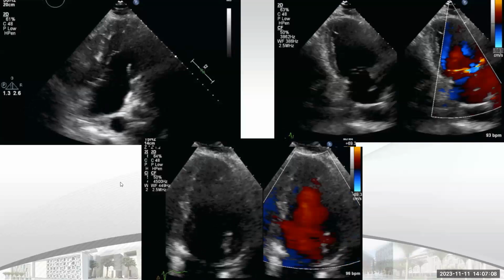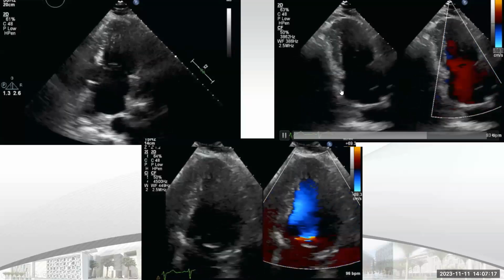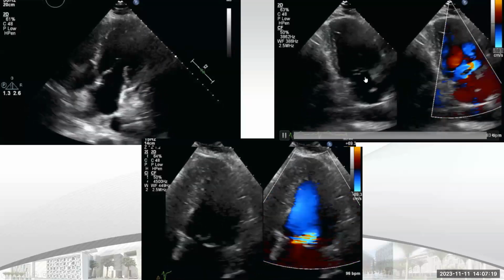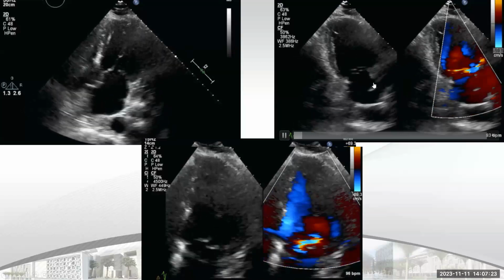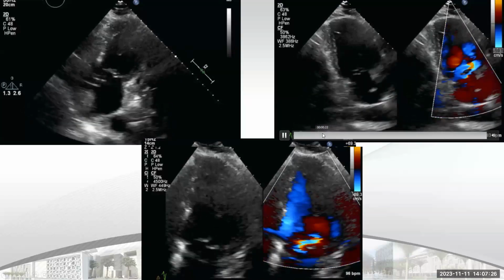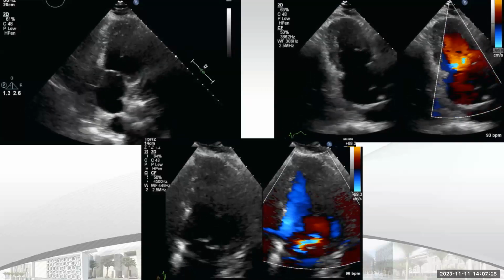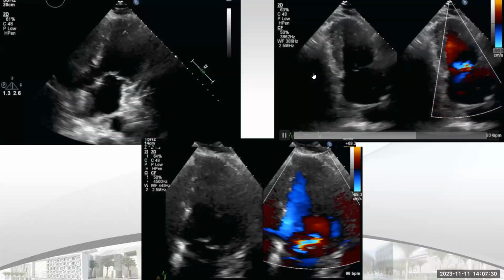Coanda effect is different. Coanda means that once the jet is coming and hugging the lateral wall or any wall of the atrium, the size of the jet will reduce by at least 50%. This is called the Coanda effect, usually in very eccentric regurgitation.